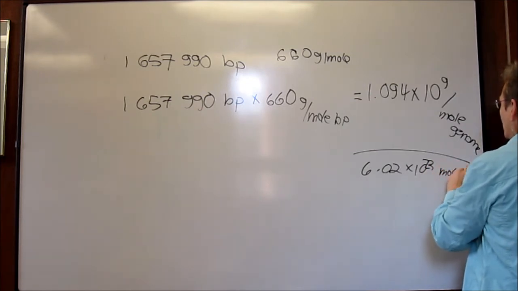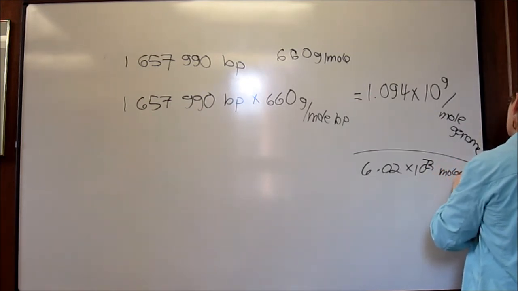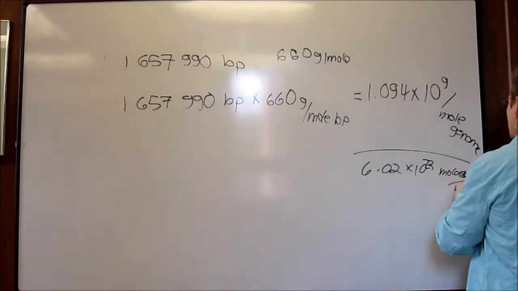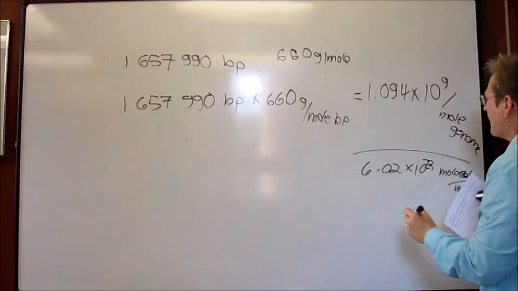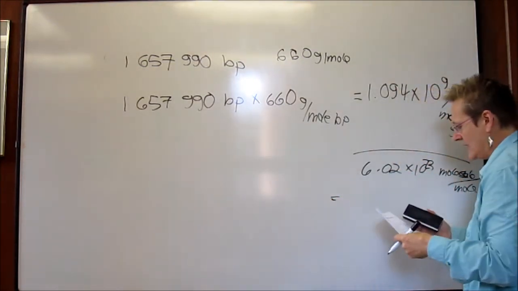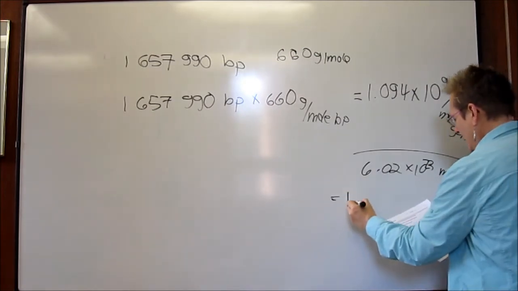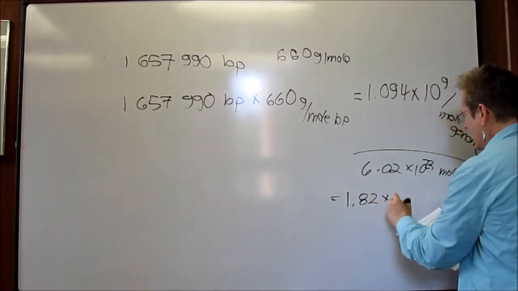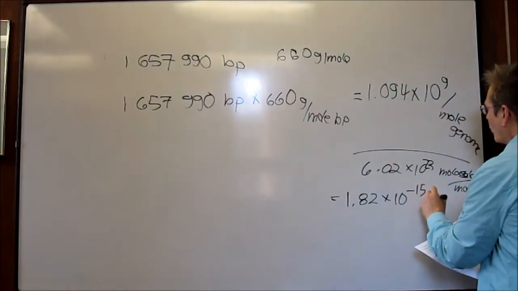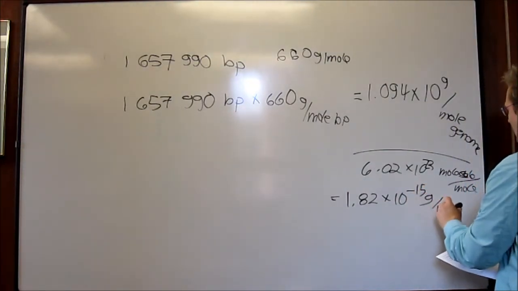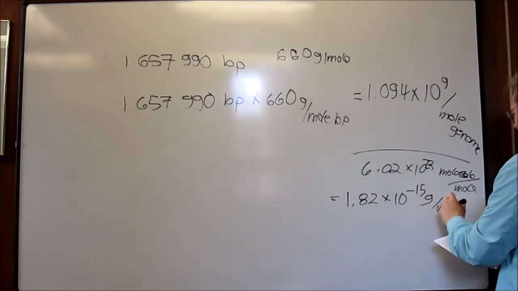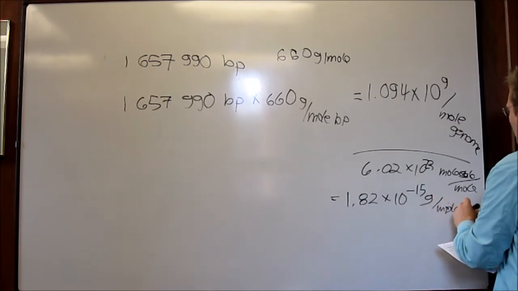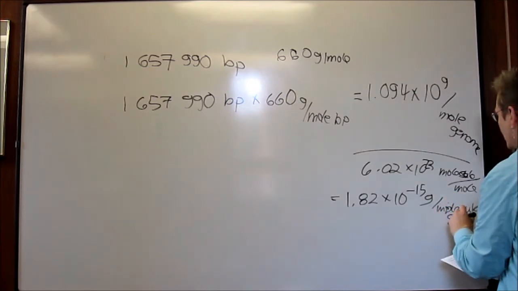molecules per mole, and we will come up with a number which is 1.82 times 10 to the minus 15 grams per molecule of genome, which is essentially per cell.